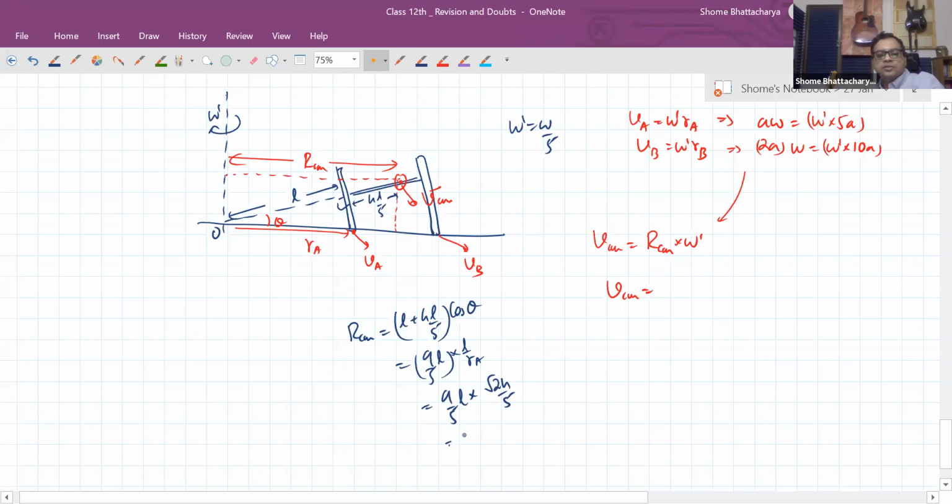So this will actually become 9 by 5 into L itself, which is root 24a, into root 24 by 5. So this is RCM.